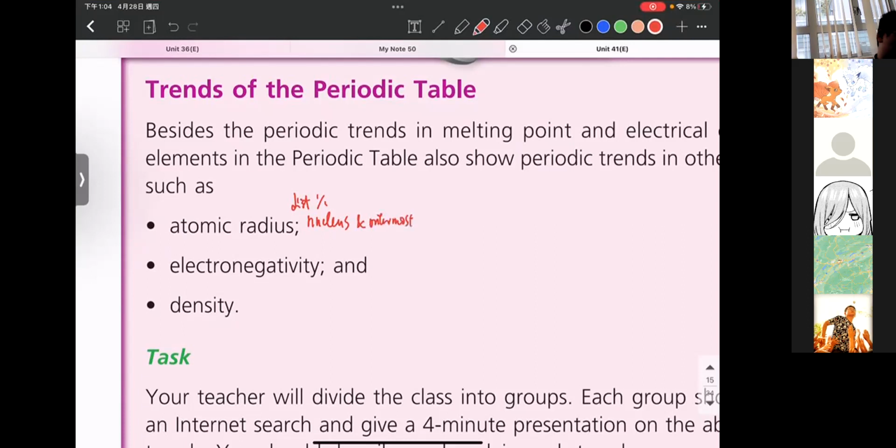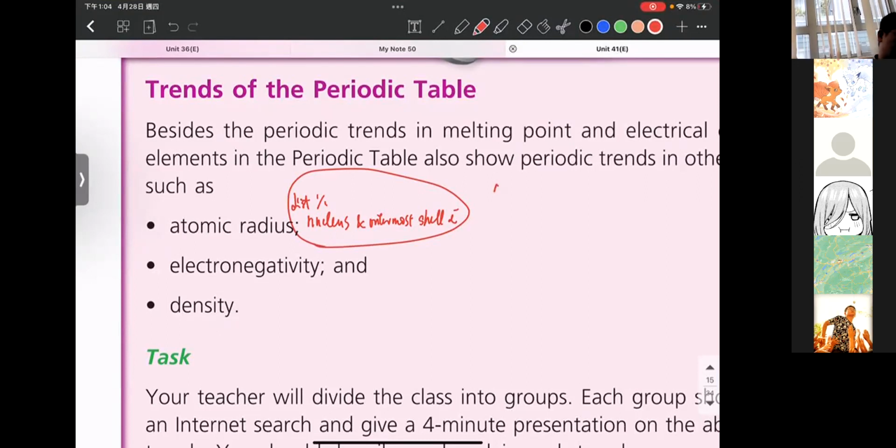So whenever you talk about this, you need to tackle the relative position of the outermost shell electrons, based on two points. One is the nucleus, how much positive charge attracts those outermost shell electrons.